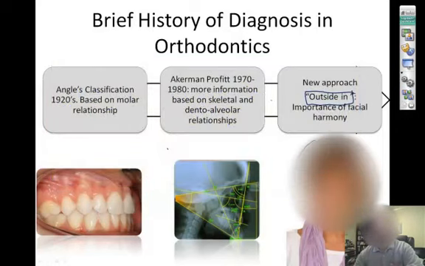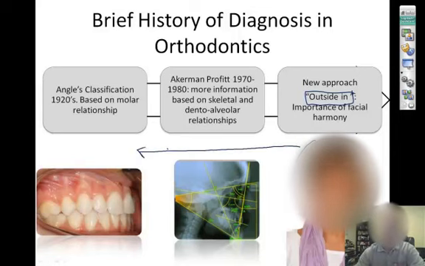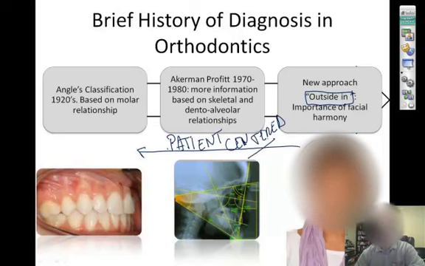It doesn't invalidate the class 1 or the cephalometrics. It's a little bit of a different way to look at patients from the soft tissue envelope. So what we're going to see today is how to do this, which is now a patient-centered and not a doctor-centered concept.